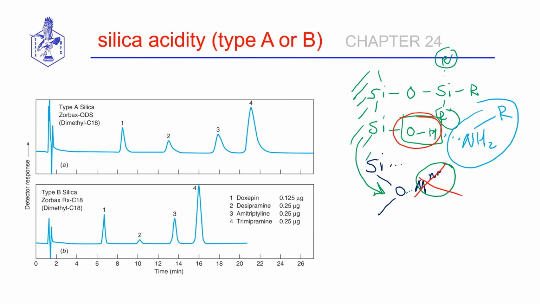So to get rid of the metal ions, we simply have to purify our silica more extensively. So many more steps in removing metal ions off the surface. So more steps means more money. So a type B silica is lower in acidity.